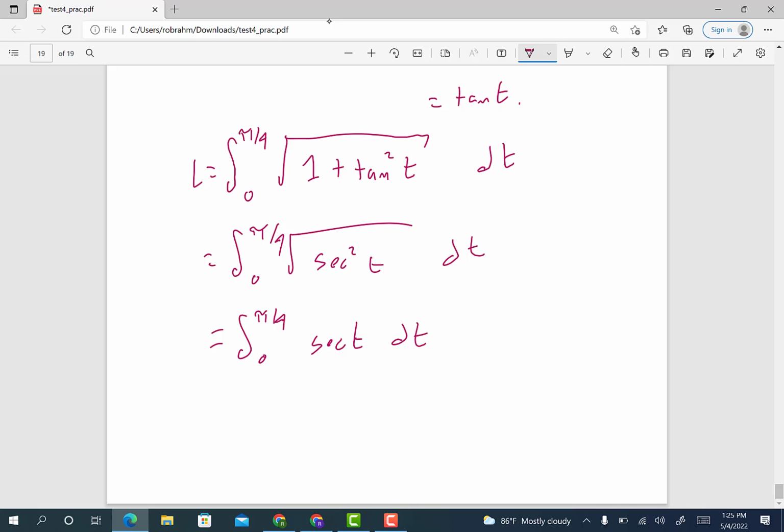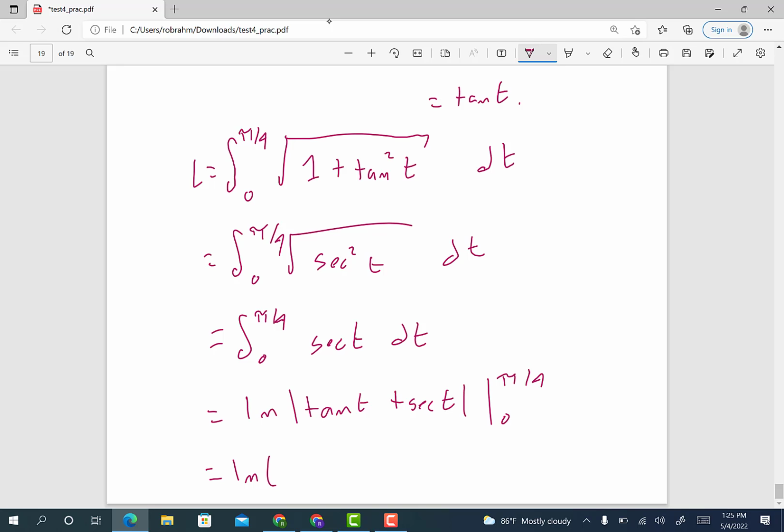And this is equal to the natural log of the absolute value of tangent plus secant, from 0 to pi over 4. And again, since tangent and secant are both positive for this range of t values, we don't actually need the absolute values. So this is going to be the natural log.